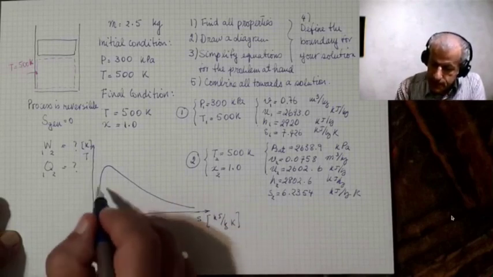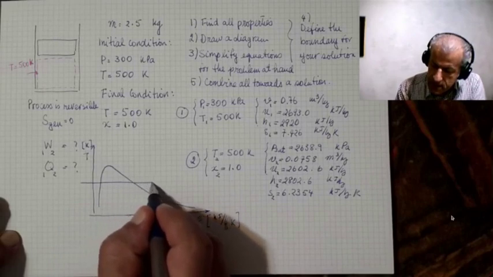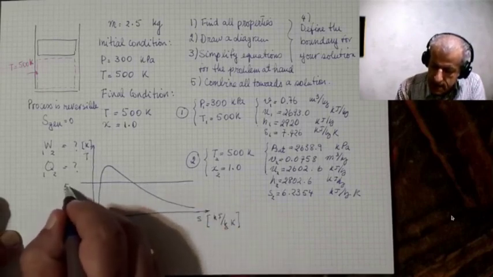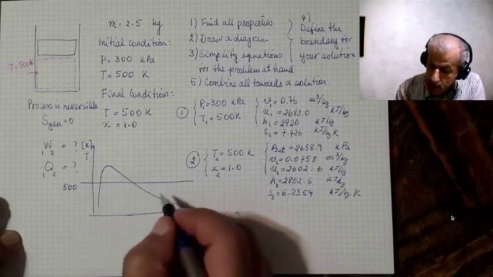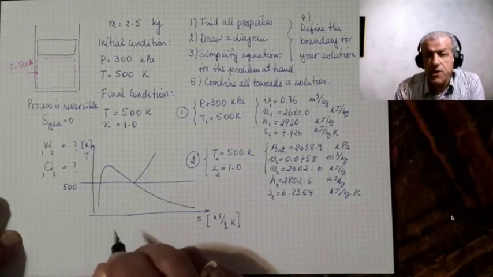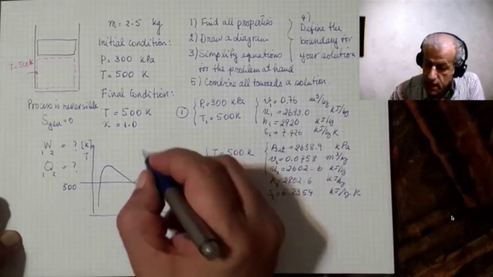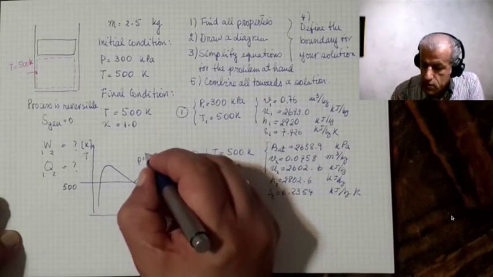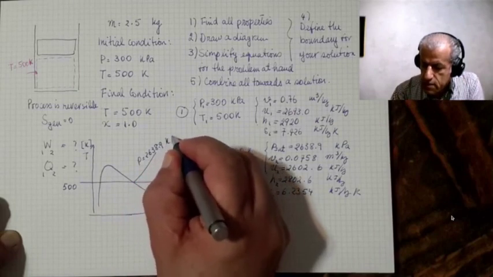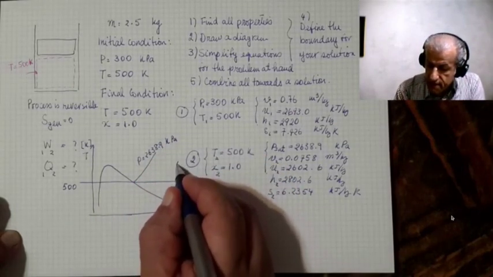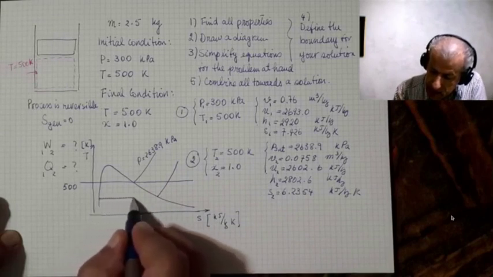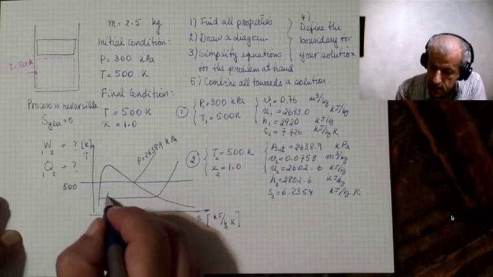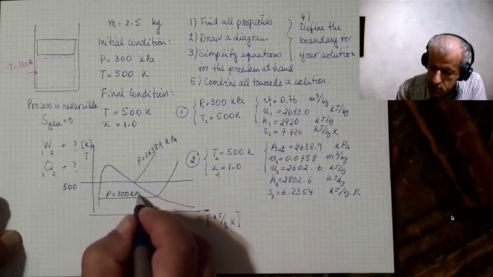Now, this is the line for 500 Kelvins, and this is the constant pressure line for saturation condition, which we have learned is P equals 2638.9 kilopascals, but the initial condition is somewhat different, which is on this line, and the pressure on this line, P equals 300 kilopascals.